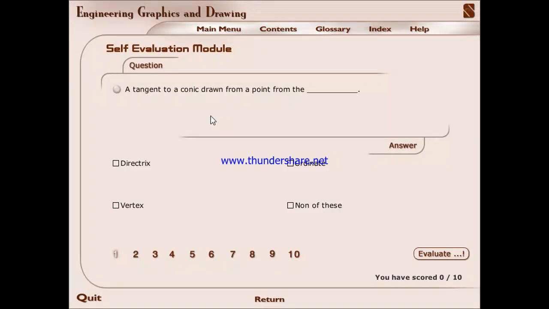A tangent to a conic is drawn from a point from the dash. So what does it represent? First you understand. Tangent to conics drawn from a point from the: directrix, ordinate, vertex, none of these.